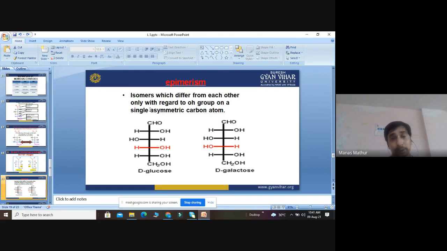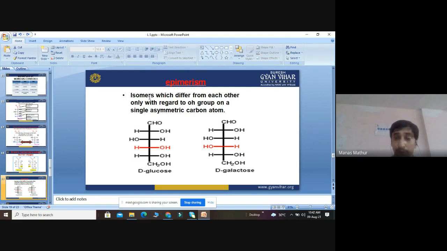So epimerism is different from isomerism. See, isomers which differ from each other only because of the OH group position on an asymmetric carbon atom are called epimers.